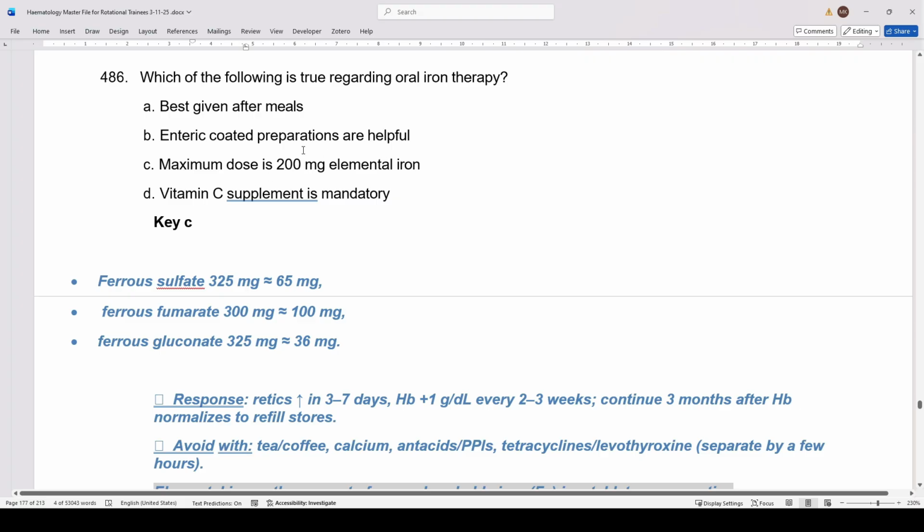Now the recent recommendations are that 100 to 150 milligram iron is enough, but the maximum dose is 200 milligram elemental iron, so this one is correct because of that. And vitamin C is not mandatory, it should be given, but it is not mandatory, so option C is correct here.